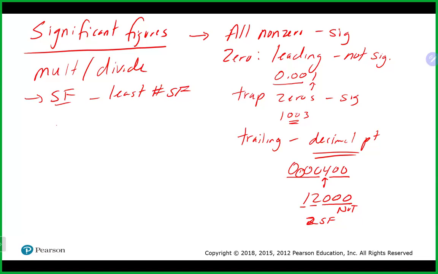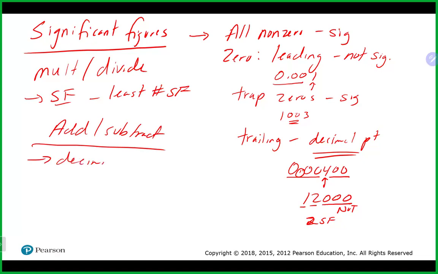That's different than when we add or subtract. When we add or subtract, we're actually looking at decimal places. Decimal places is the important thing to look at, and it's also the least in that case as well. As we talked about last time, your calculation is only as good as your worst measurement, if you will.